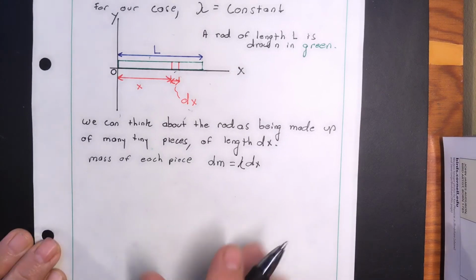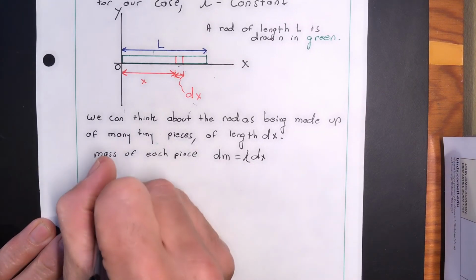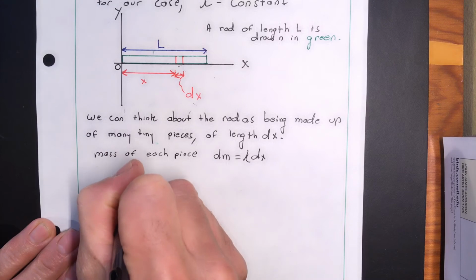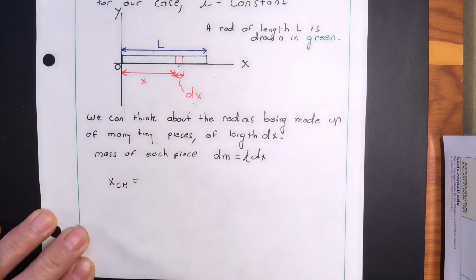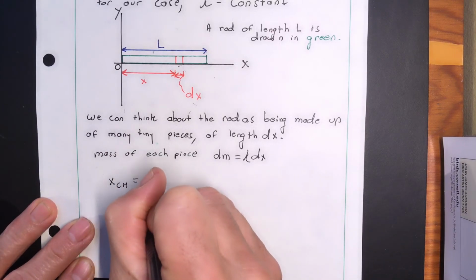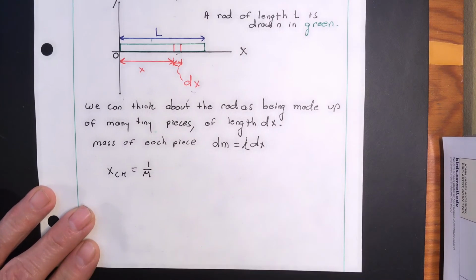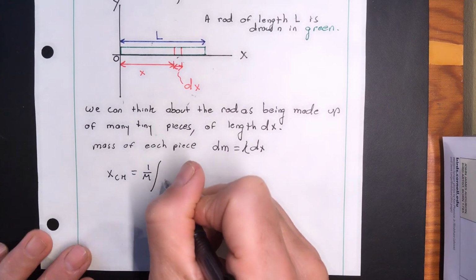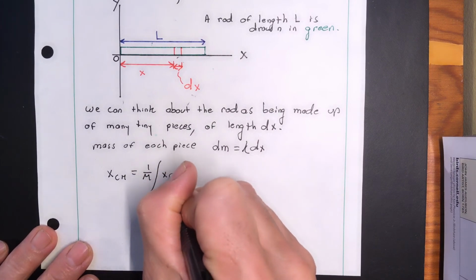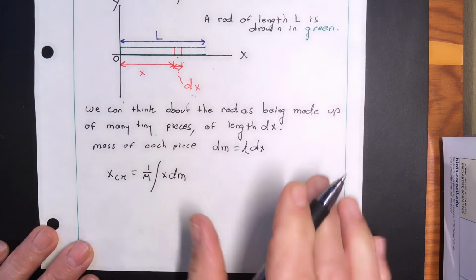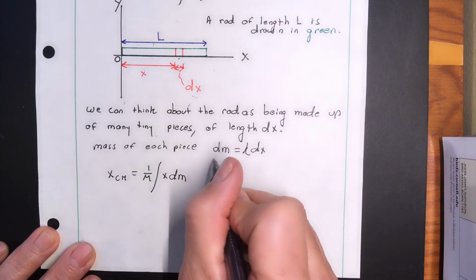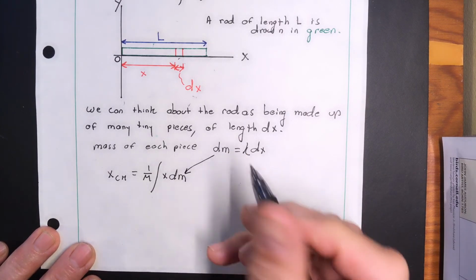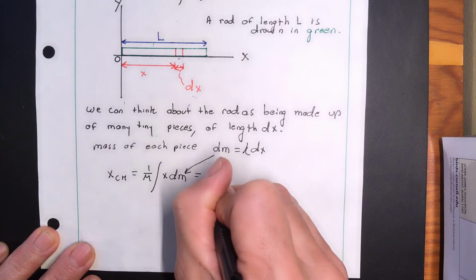All right, so let's hit the equation. The x-coordinate of the center of mass is 1 over the total mass times the integral of x dm. Now, we just found dm, so we can substitute that in.